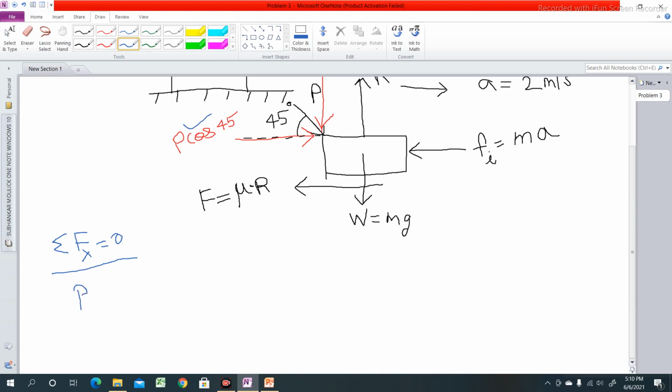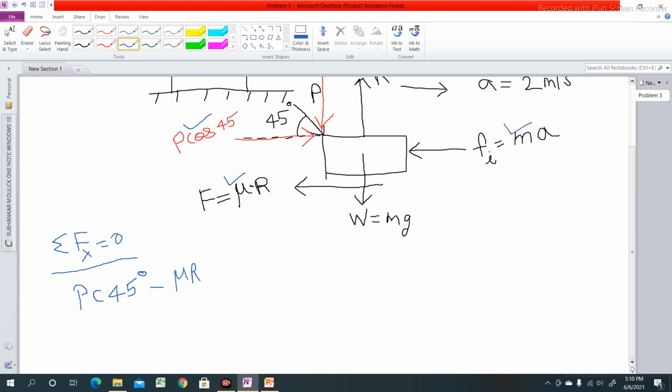So P cos 45, I am writing cos 45 as C45. C means cos, and if I write S, it means sine. So P cos 45 minus this frictional force, because it is acting in negative x direction, so it will be minus mu R, minus this inertia force.